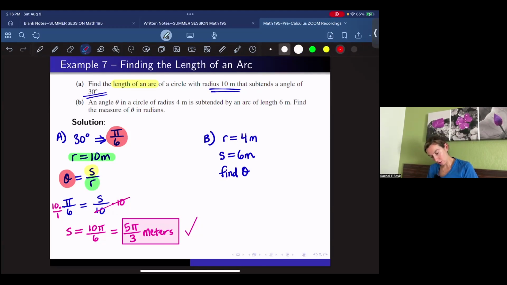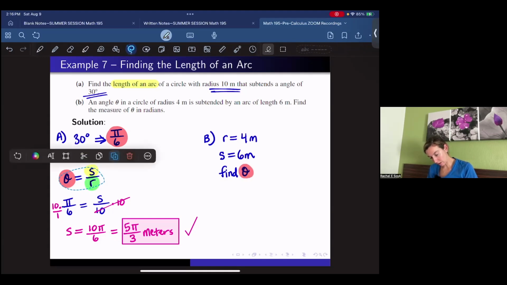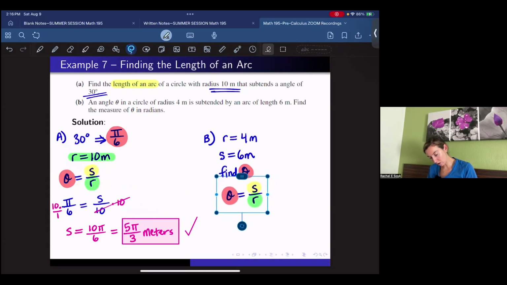So let's go back to this part B. We want to find our theta. Again, we're going to utilize theta is equal to S over R. Our S here, they give us as 6 meters. And then our radius, they give us as 4.